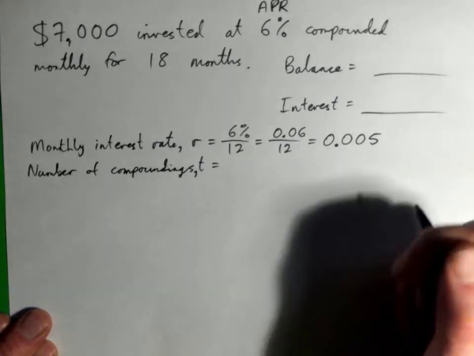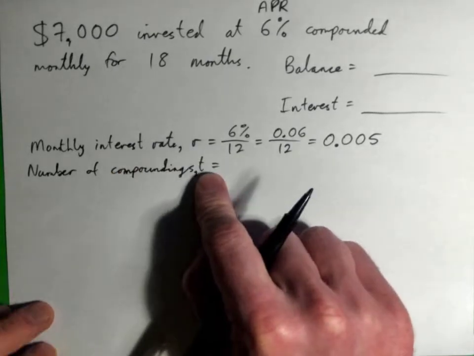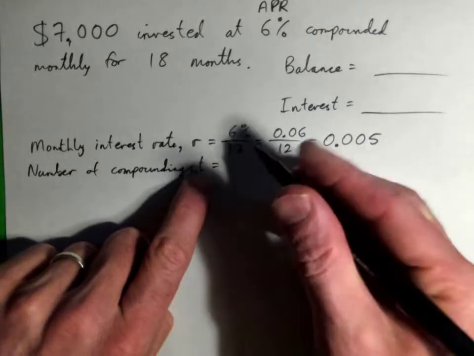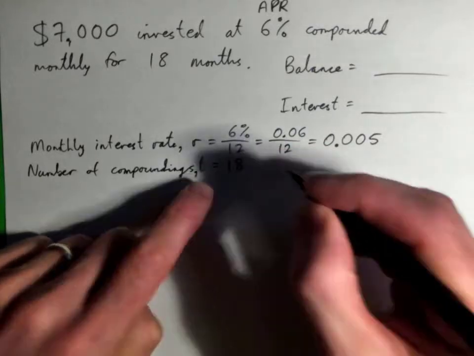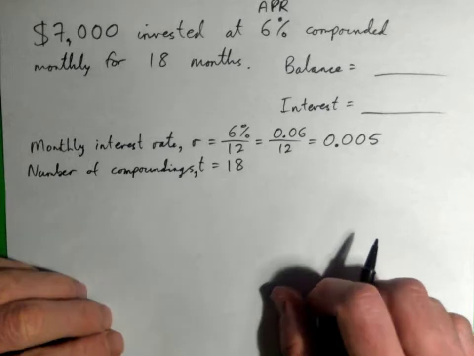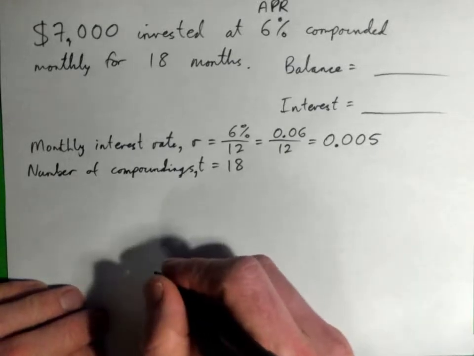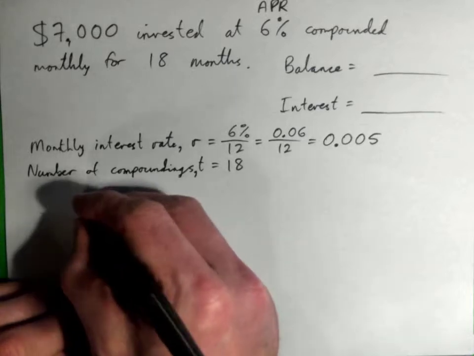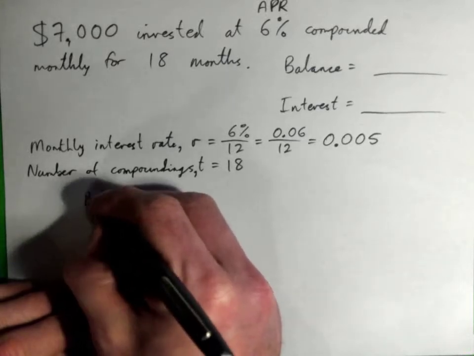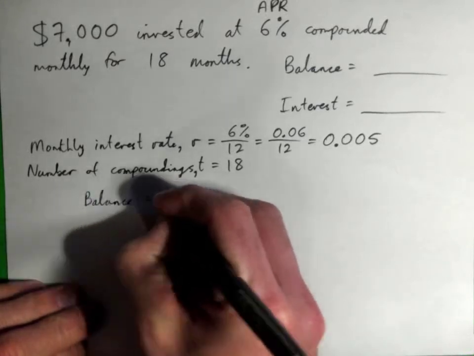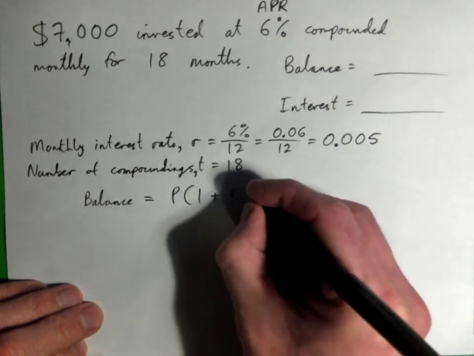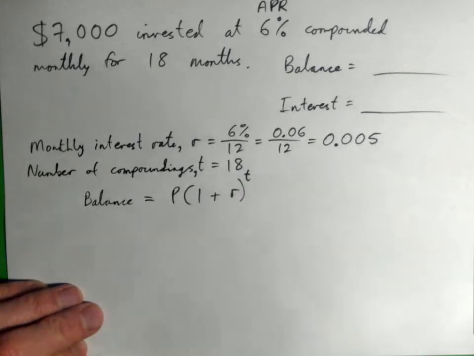Okay, cool. Now the number of compoundings T, what's that going to be? 18. Yep, simply each month. So our formula is that our balance is going to be equal to the principal times 1 plus the rate to the power of T, the number of compoundings.